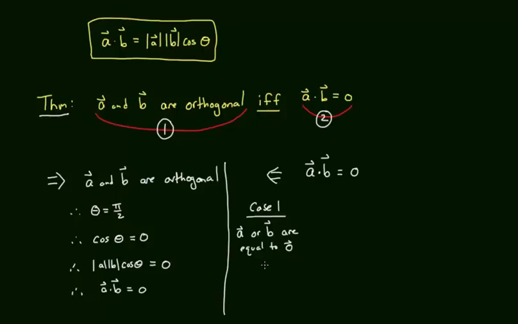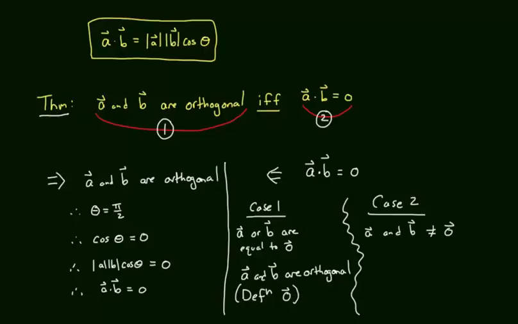And if A or B are equal to the 0 vector, then automatically vector A and vector B are orthogonal. Now why is that? Do you recall the definition of the 0 vector is parallel and orthogonal to all vectors? So that's by the definition of the 0 vector.